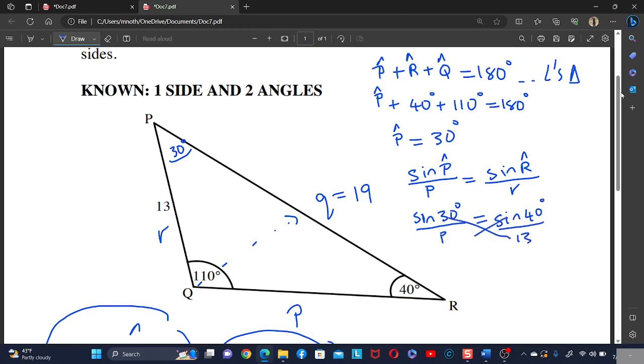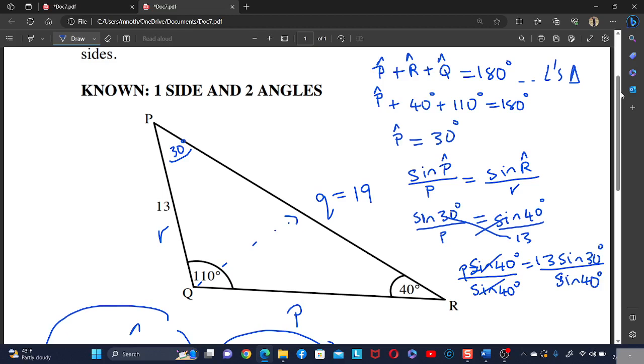From here we cross multiply: P sine 40 degrees is equal to 13 sine 30 degrees. Because we are looking for P, we must divide by sine 40 on both sides.